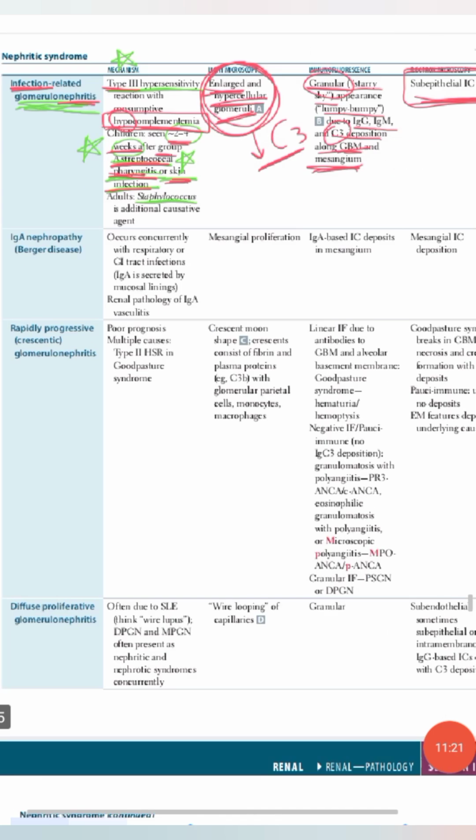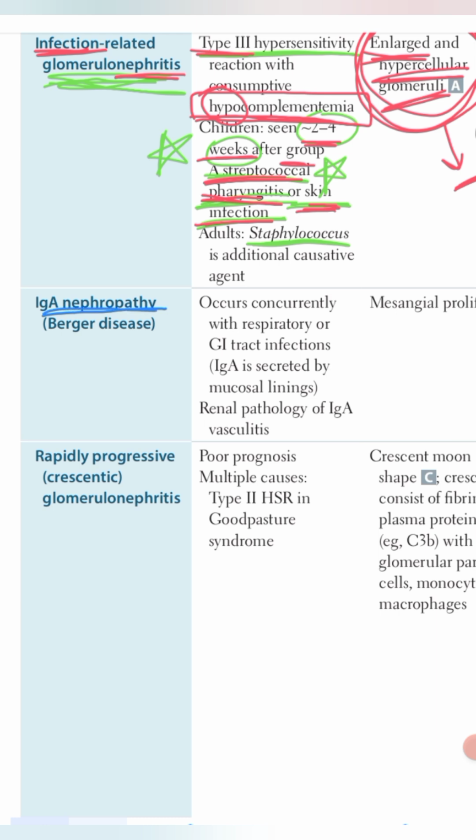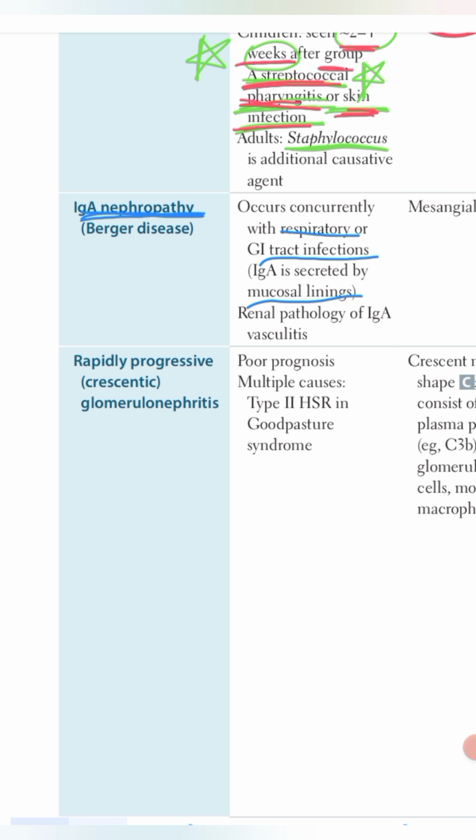Next comes IgA nephropathy, which is also known as Berger disease. In IgA nephropathy, it occurs with respiratory or GIT infections. IgA is secreted by the mucosal linings. Basically, IgA is an antibody that protects the mucosa of the respiratory tract and GIT.